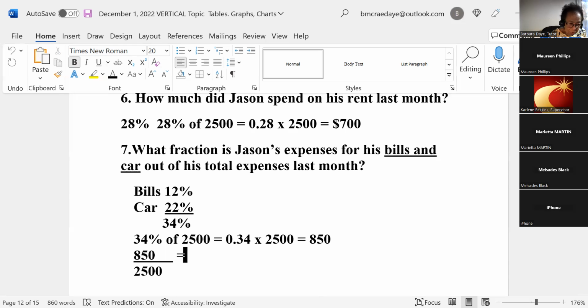What is that equal to as a simplified fraction? It's a mixed fraction, miss. It's not a mixed fraction. It's not 8.5, miss. Nope. Not a mixed fraction.